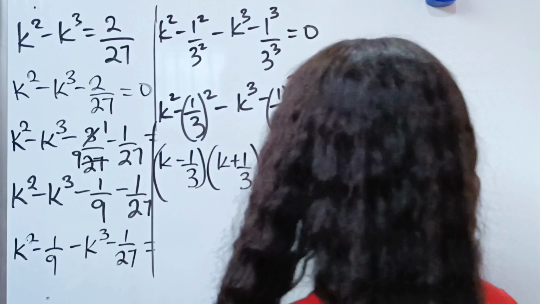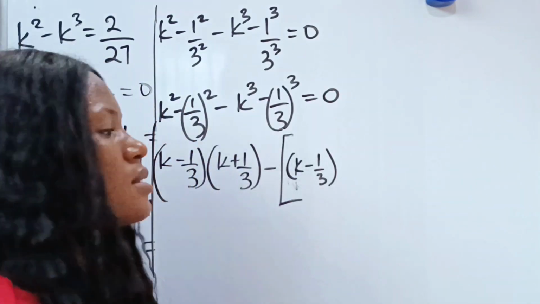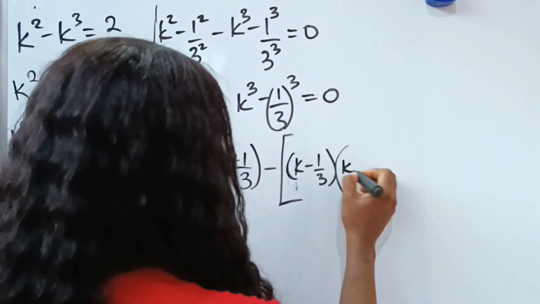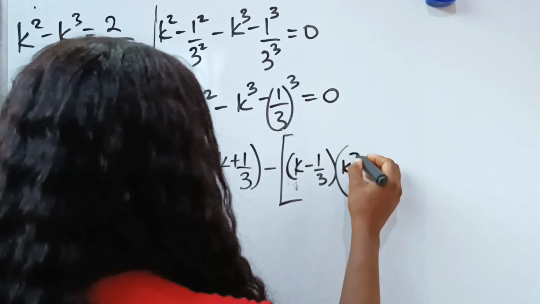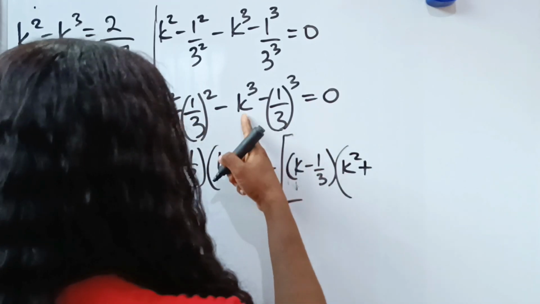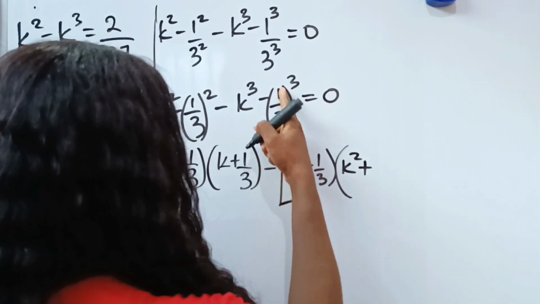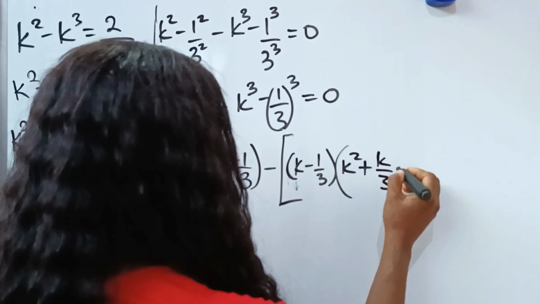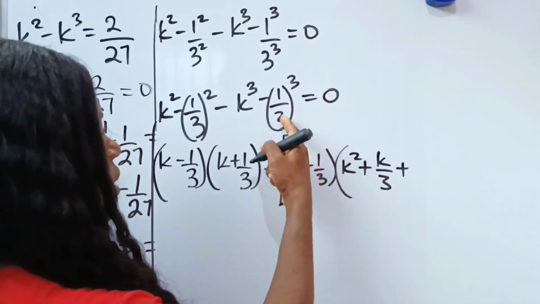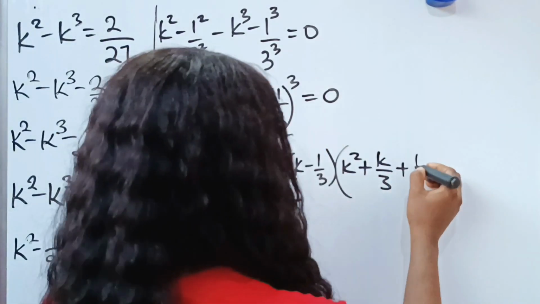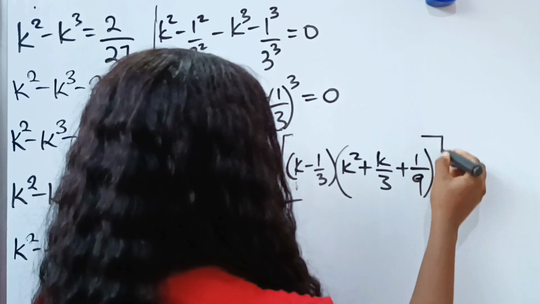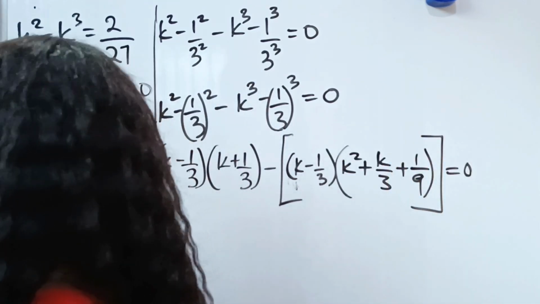All right, now we are going to multiply this by what? k, that is a squared, that is k squared, plus ab, that is k times 1 over 3, which will give us k over 3, right? Then plus b squared, that is 1 over 3 squared, which will give us 1 over 9. All right, now everything is equal to 0.